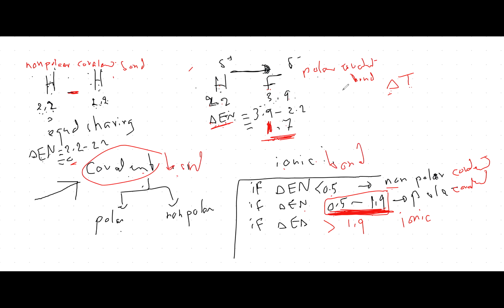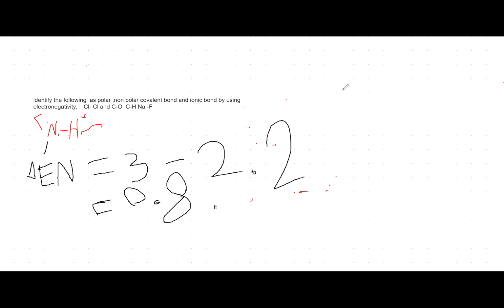So if it's more than 0.5, it's polar, so then it's non-polar, right? No. Go to page number 2 and see the condition to be polar. It's greater than 0.5.